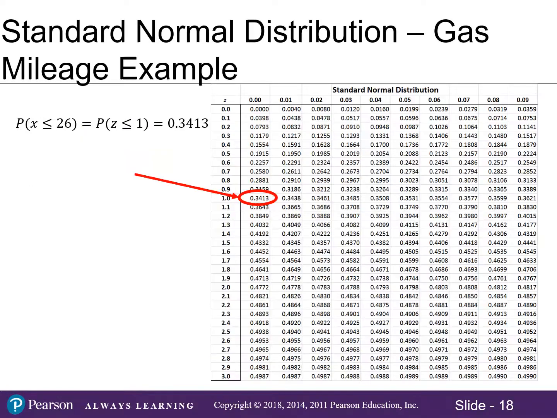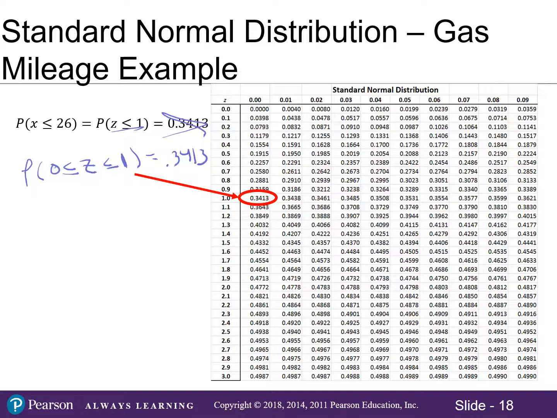Let's do that. I'm going to pull out the probability table, and I have a typo here. There's supposed to be something that came up in red right here, but it didn't. So the area right here, that's the probability that z is between 2 and 0. Sorry, not 2, 1 and 0, which is 0.3413. And then I'm like, oh, but I want less than or equal to 1, not just 1.